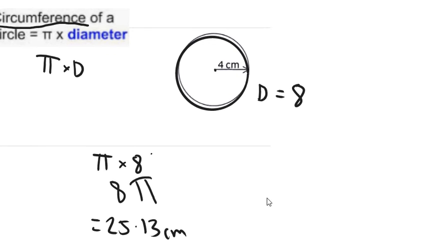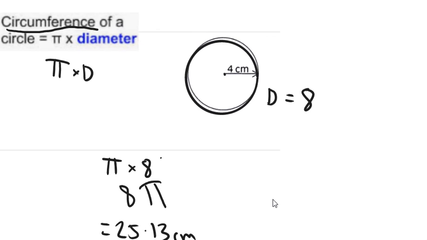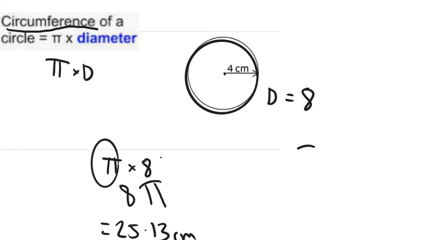The reason that this formula works, or basically where pi comes from. So this symbol pi, you should have seen it before, but if you haven't, if you were to take any circle, doesn't matter what circle you pick, you could pick a circle outside or at your house or whatever.